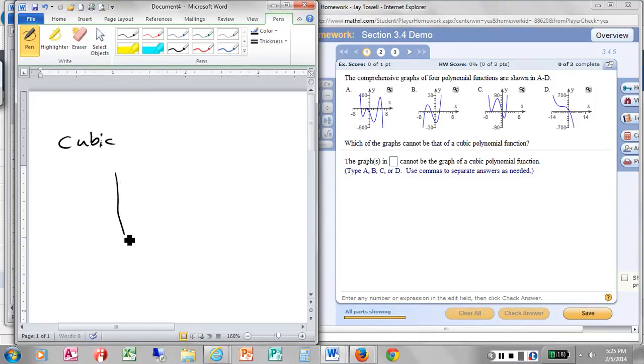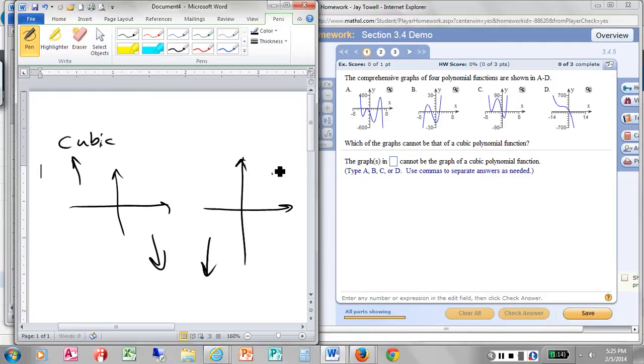They can either look something like this, where the left goes up and the right end goes down, or we could have just the opposite, left end down, the right end goes up.